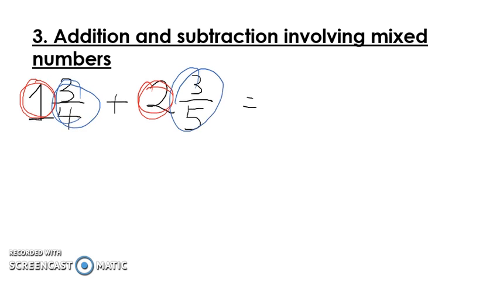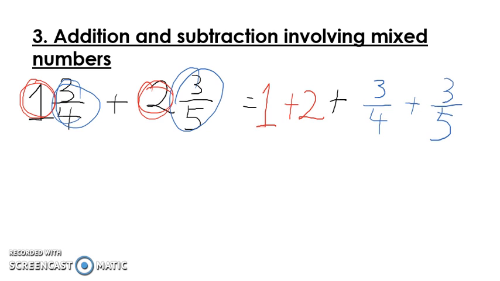Fairly simple, we break the numbers and fractions apart, so we would have 1 plus 2 and plus 3/4 plus 3/5. As you can see, different colors, we pretty much do them separately.